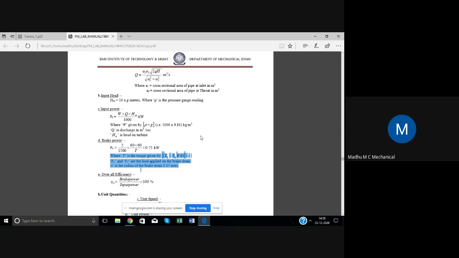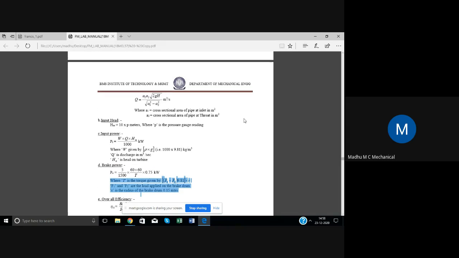Here discharge is 4.9 into 10 power minus 3, man. So the A1 value is coming as 4.9 into 10 power minus 3. Just check it. Check it again.